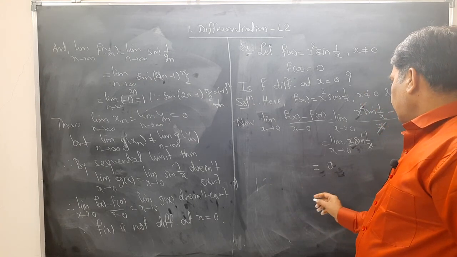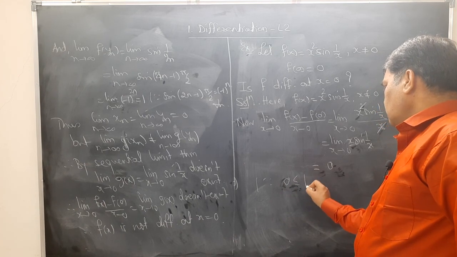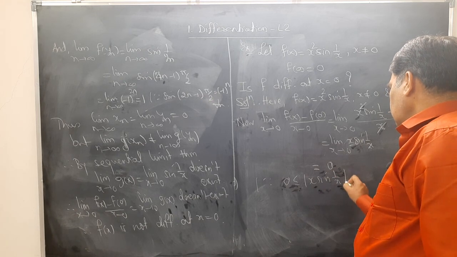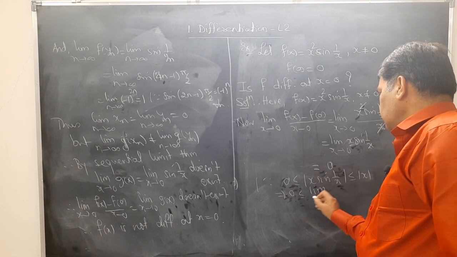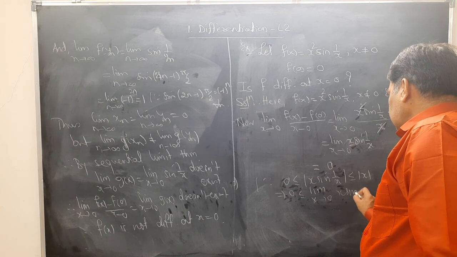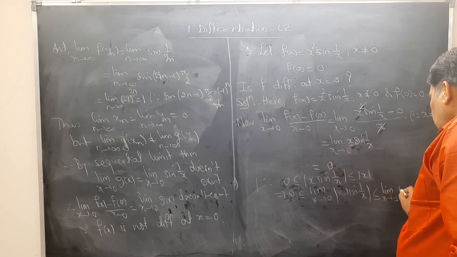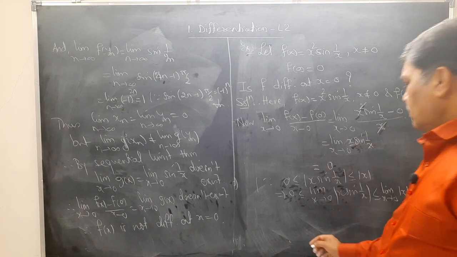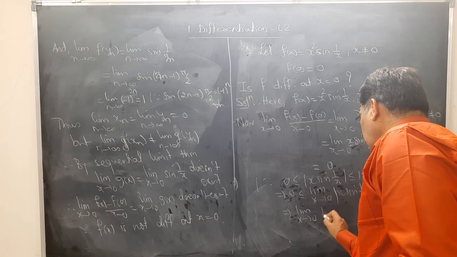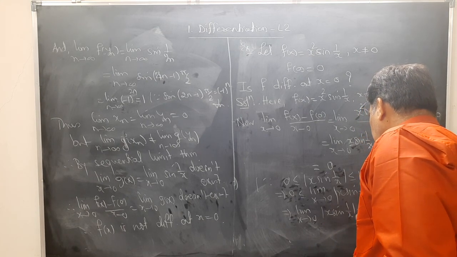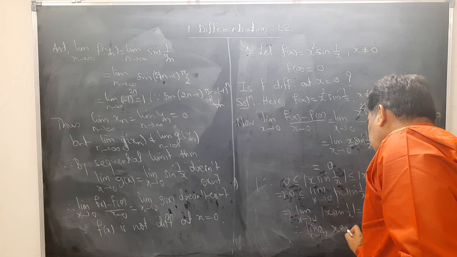Since minus |x| is less than or equal to x sin(1/x), which is less than or equal to |x|, this implies 0 is less than or equal to the limit as x tends to 0 of |x sin(1/x)|, which is less than or equal to the limit as x tends to 0 of |x|, which is 0.